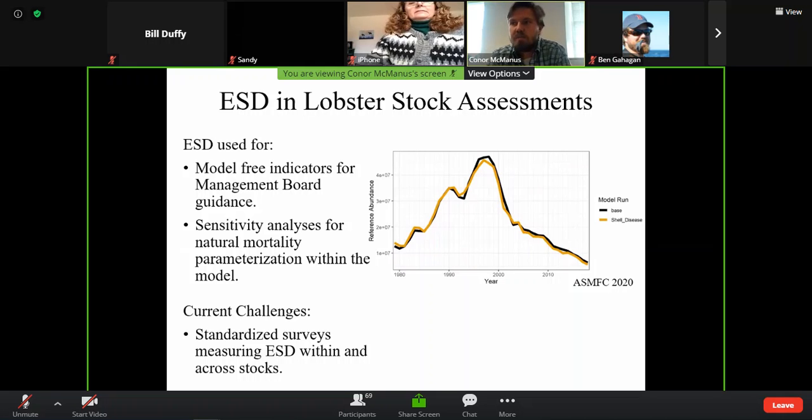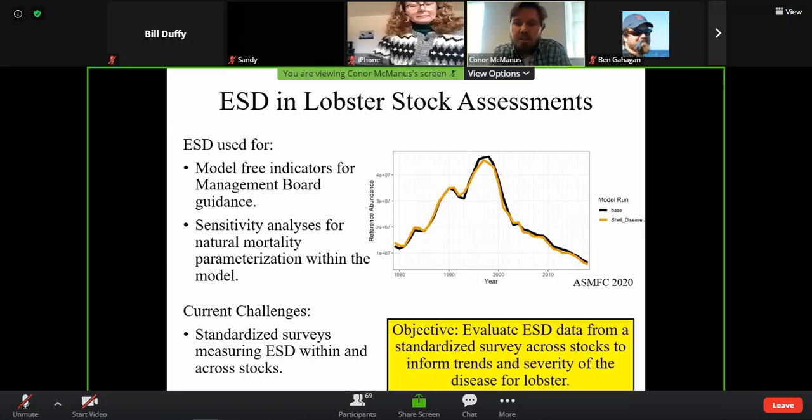That's been one of the criticisms from reviewers of previous shell disease work looking at this at a bigger scale. So the purpose for this work was to evaluate shell disease data from one standardized survey that spans both stocks to inform the trends and severity of loss.